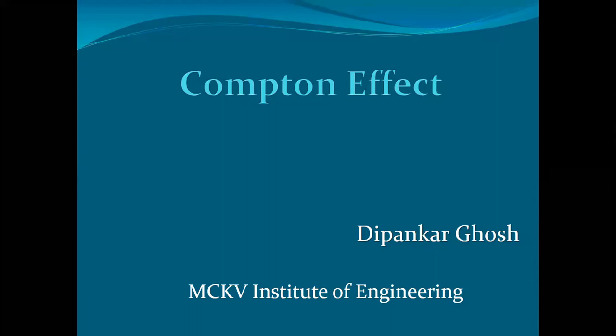So basically, when we are not using a light element or an electromagnetic wave of smaller wavelength, we observe that the emitted wave shows the same frequency or wavelength as the incident wave. That means the wavelength or frequency of the emitted wave is not modified.